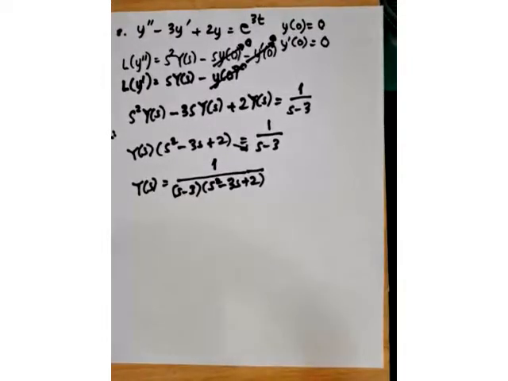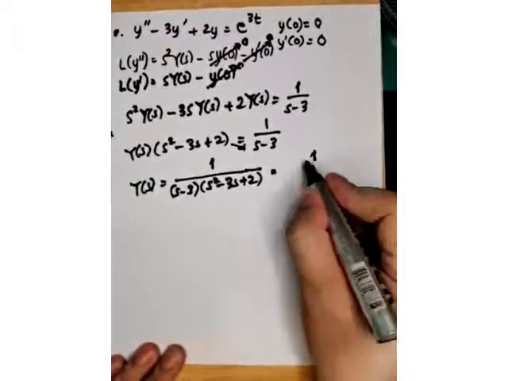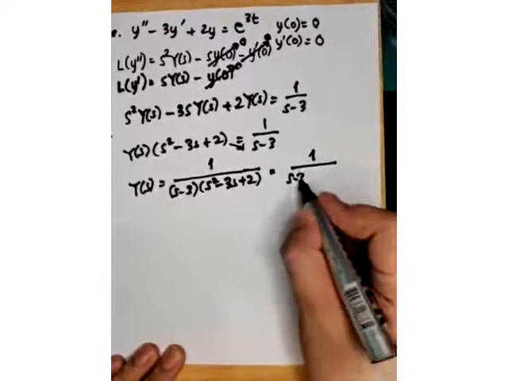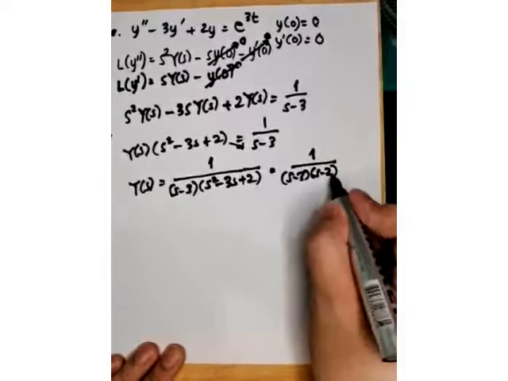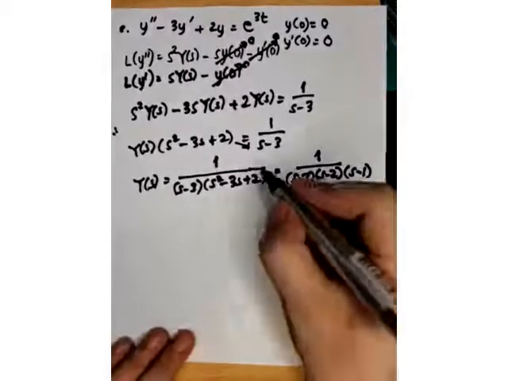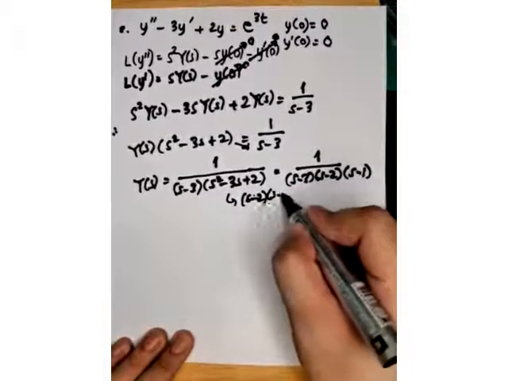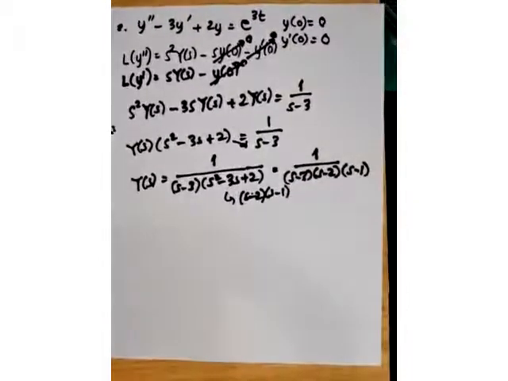Yung quadratic term. Okay, factorable, no? So, this is the same as 1 over s minus 3 times s minus 2, s minus 1. Okay, so parang ito ay pwede natin siyang i-factor ng s minus 2 and s minus 1.